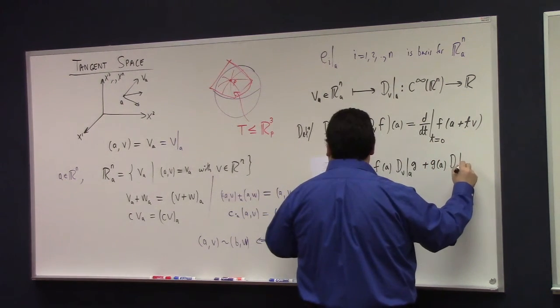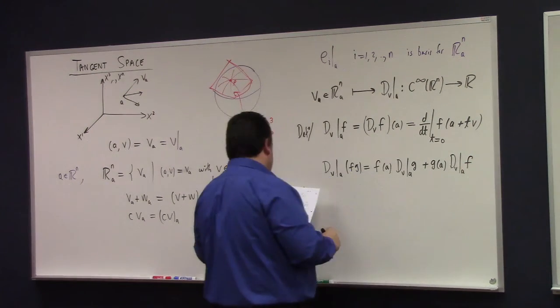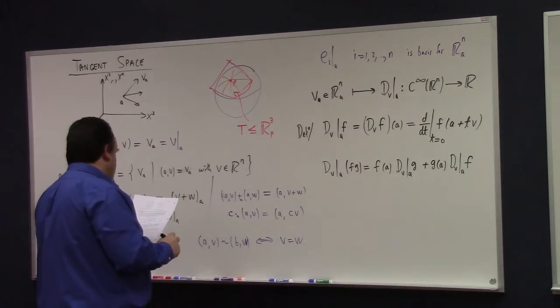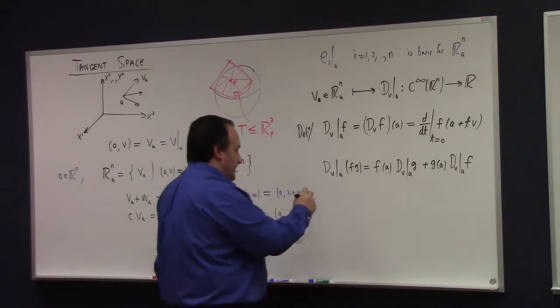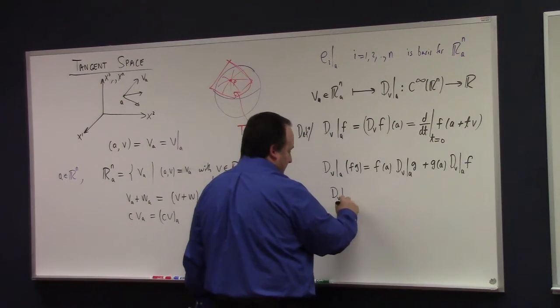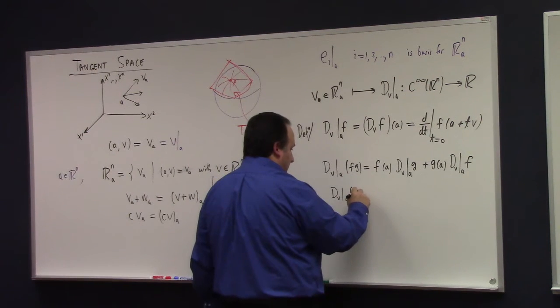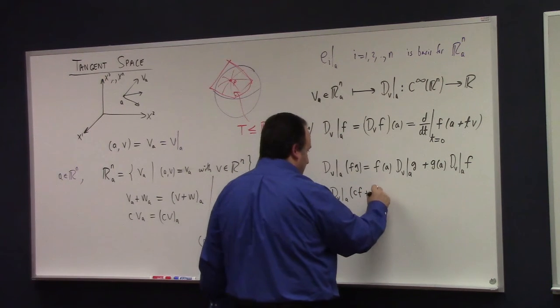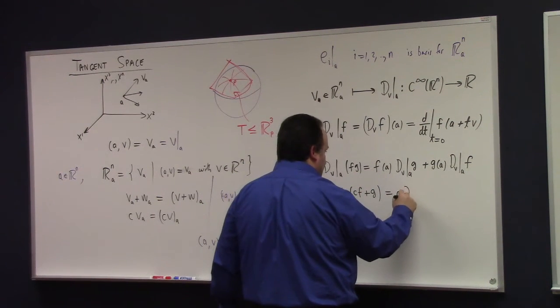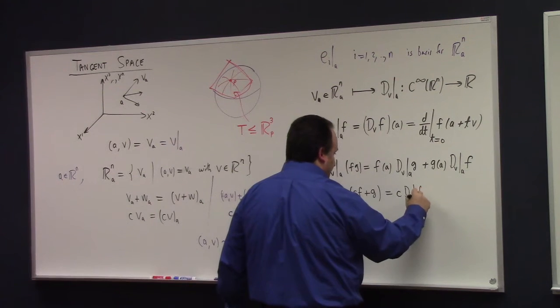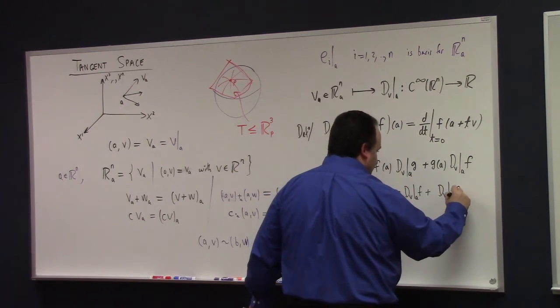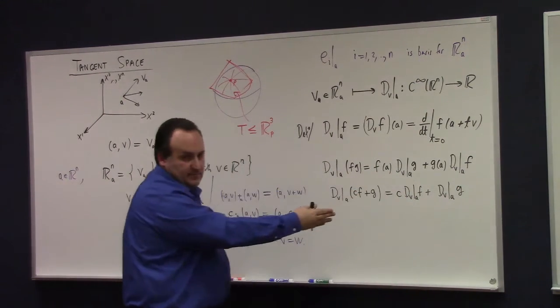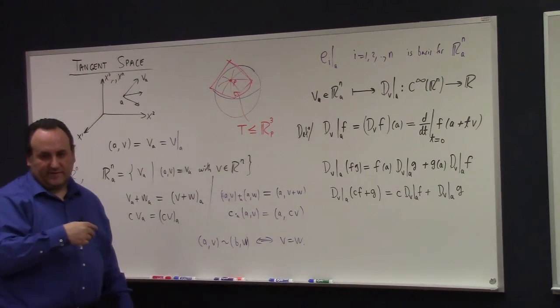And before that, I really should write this one first: if you've got a constant times f plus g, that's equal to the constant times D_v at a of f plus D_v at a of g. So it's linear, and it satisfies the product rule.